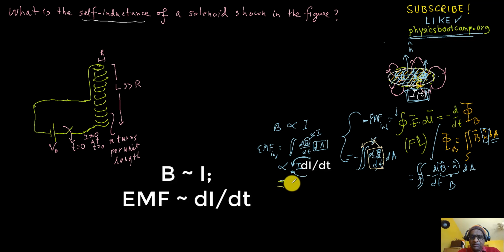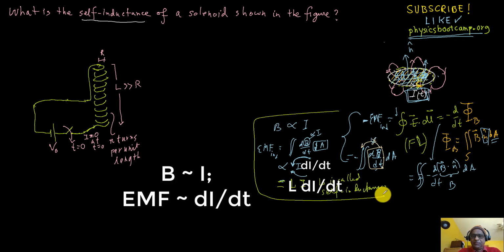I make it equal, usually written as capital L times I, and L is called self-inductance. This is the definition of self-inductance.